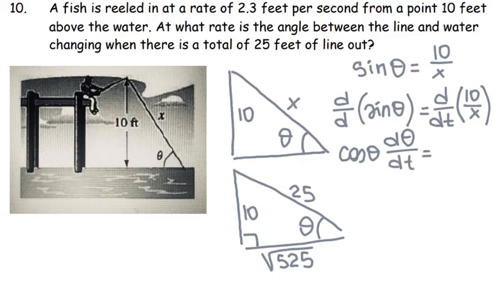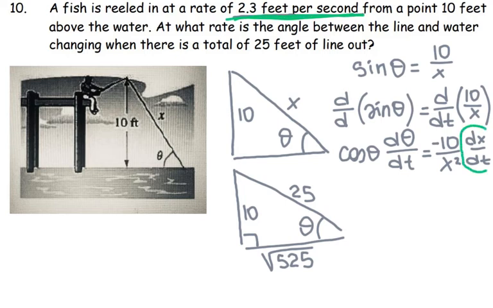And on the other side, I have negative 10 over x squared, and again, x is a function of time, so I have dx over dt. They tell you the speed at which the fish is moving at the moment when we're looking, so I can plug it in.